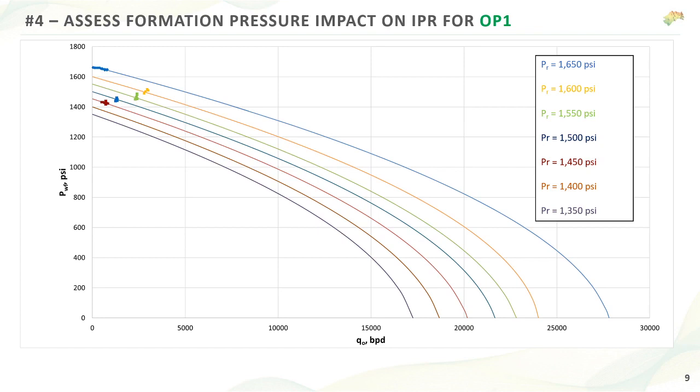And then we can try to predict what would be our IPR later on as we deplete the reservoir even more. On this plot you can see the theoretical Vogel curves, which we tried to fit on these colored points, which are in fact rates with the different formation pressures.